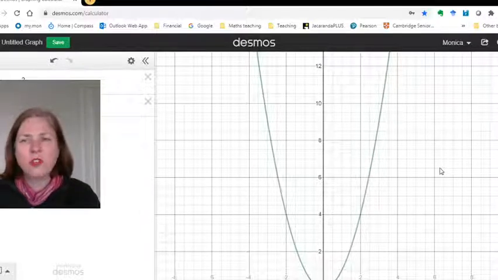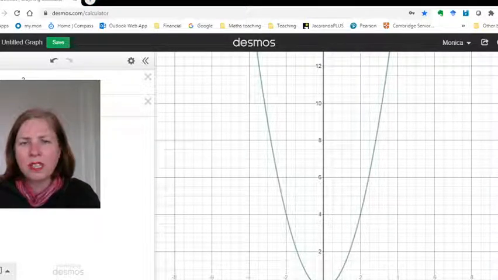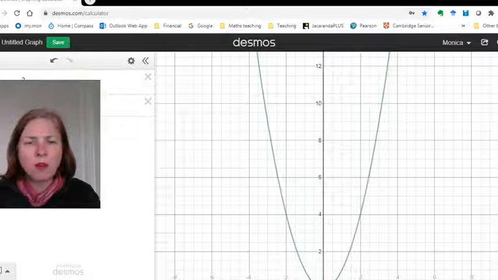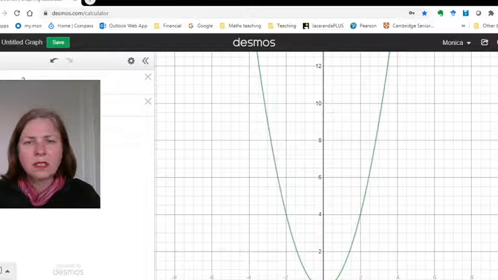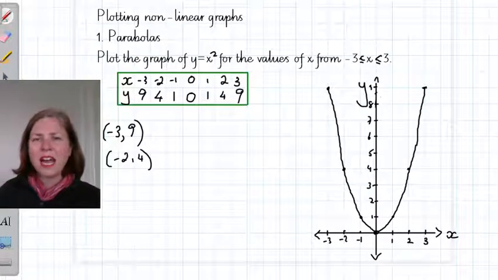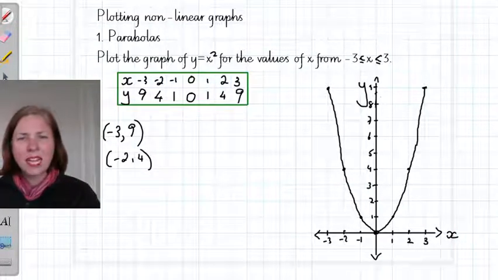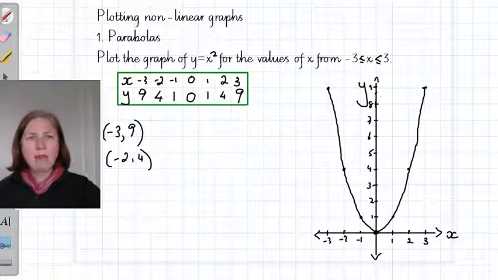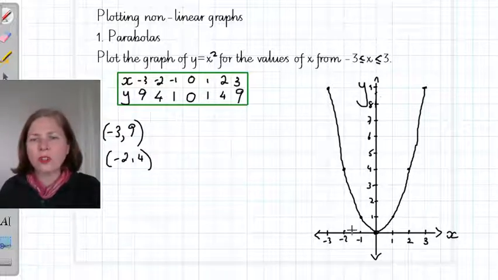Now there are a few other key points that I want to point out to you about the parabola. So let's bring these other notes back. There they are. One is, as I've just pointed out, this parabola has a point where it turns.